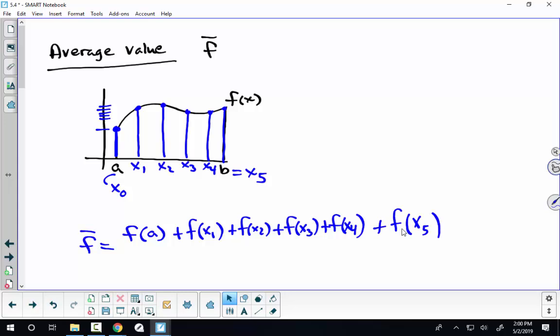Sorry, a is x sub 0. That's the sum of all of those y values, and then to find the average, we just divide by the total number: 1, 2, 3, 4, 5, 6.